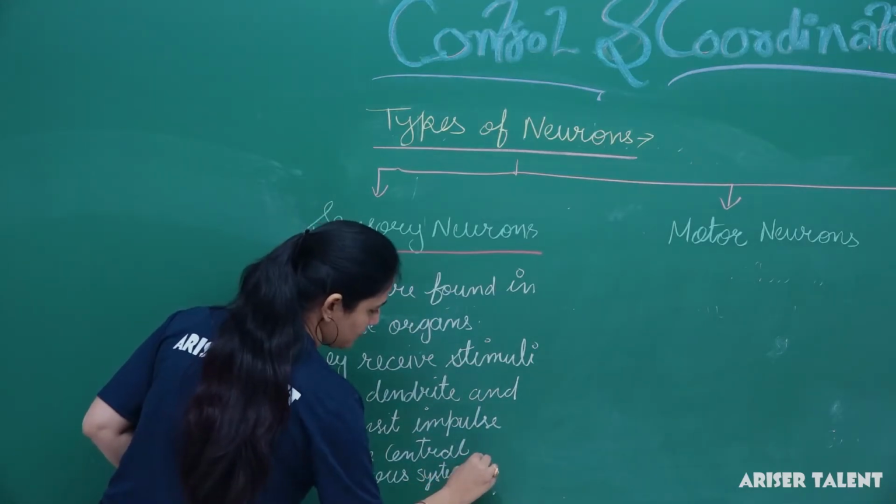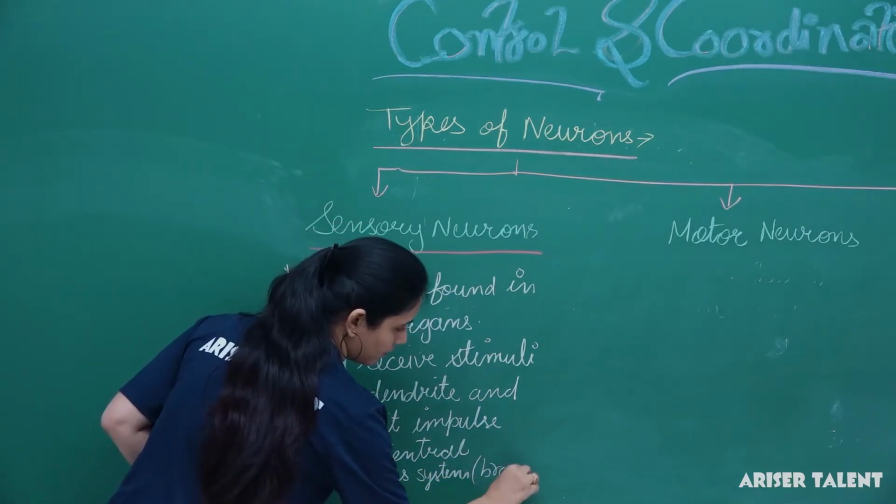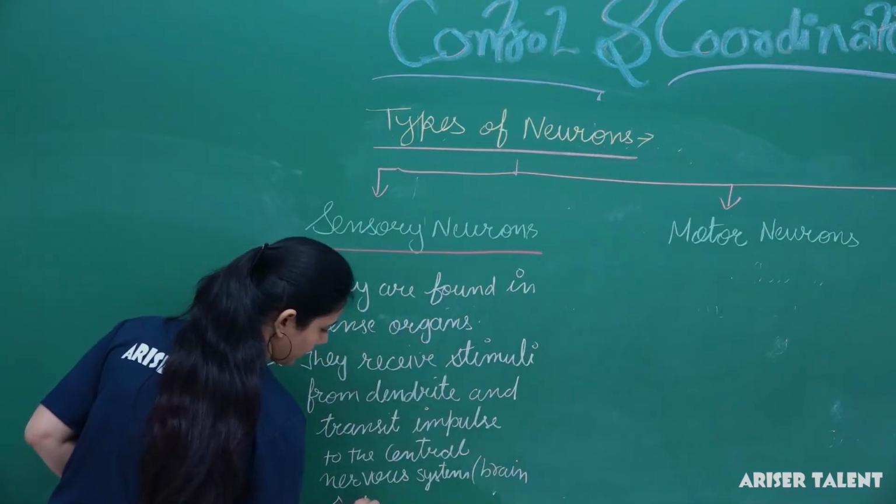Central nervous system means brain and spinal cord.